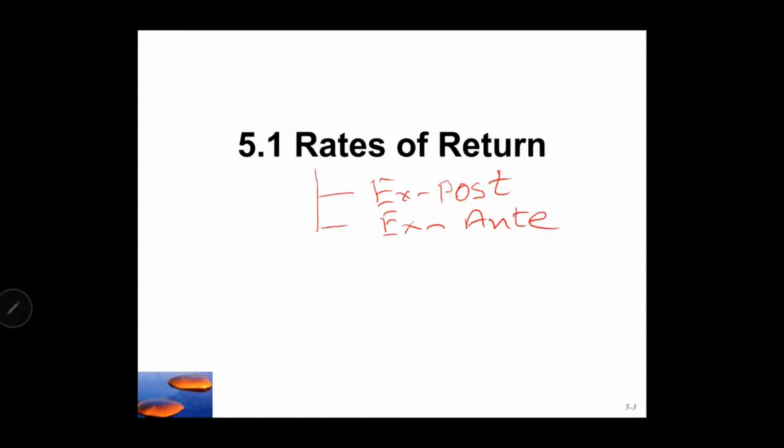So in both situations, ex post means historical or past data, and in ex ante we use future data or forecasting data.